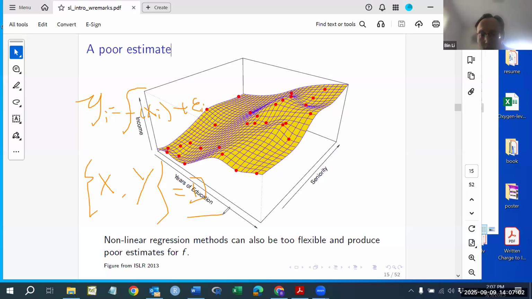So we want to use the data to fit a model to estimate what? We have the x, we have the y, and we want to fit a model, right? Let's say our model is called f hat. I put a hat here because that's our estimate. So f hat is an estimate of what?